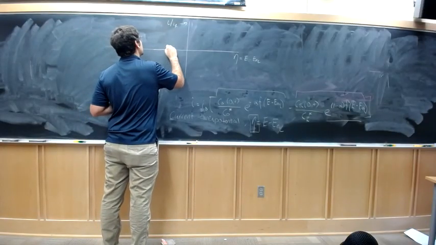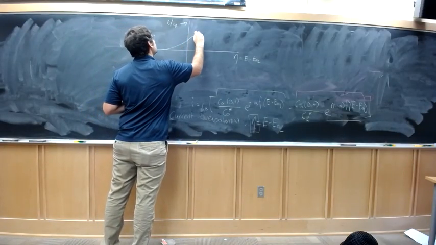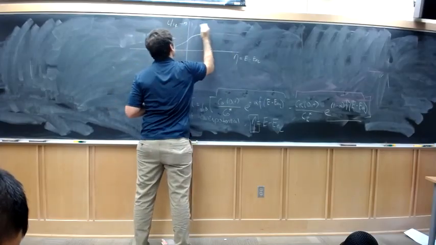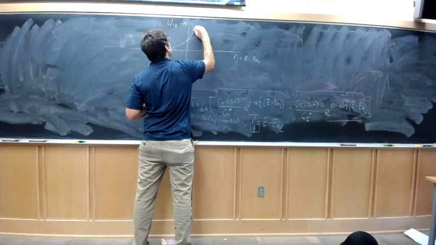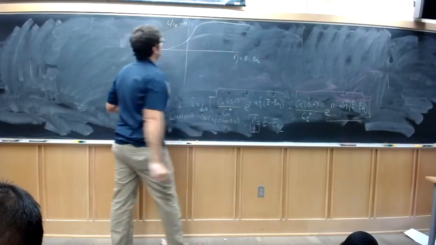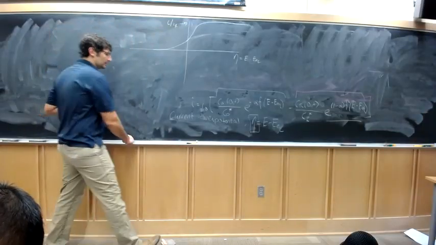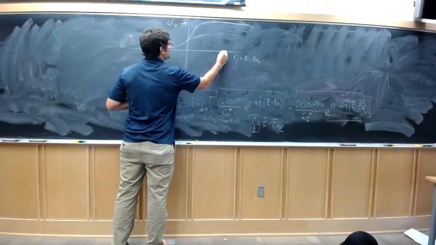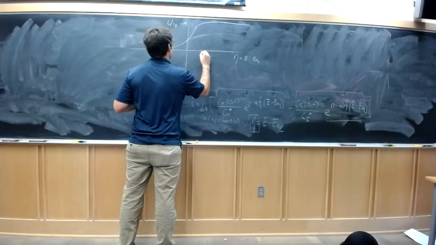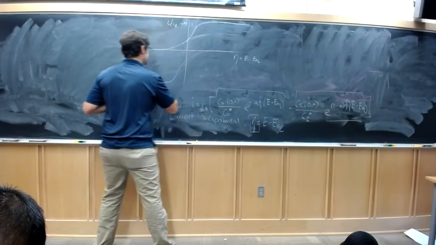So this is going to increase exponentially until you hit some plateau. There's my cathodic term. And my anodic term is going to be this, okay?